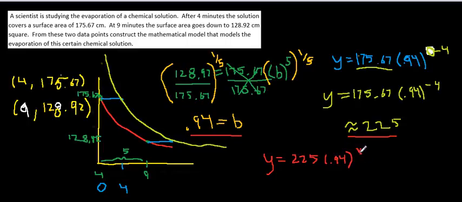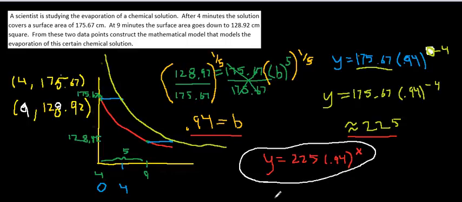And that gives us our modeled equation given those 2 points. This equation will decrease by 6% every minute. The surface area will decrease. And we have our initial starting point at 225.